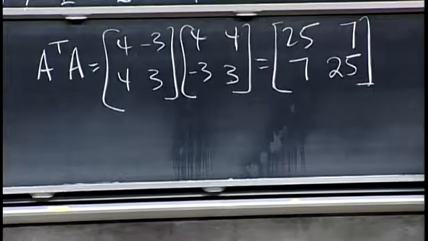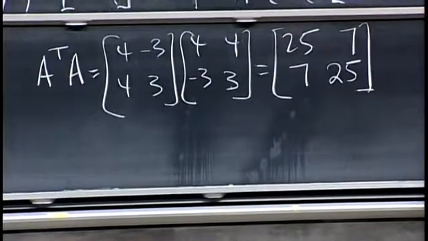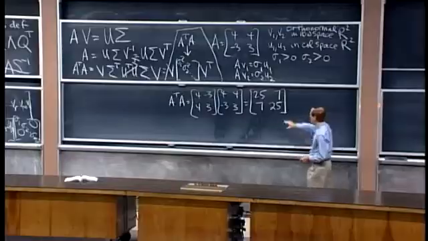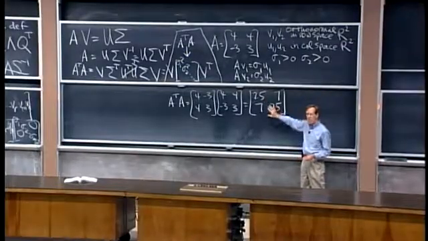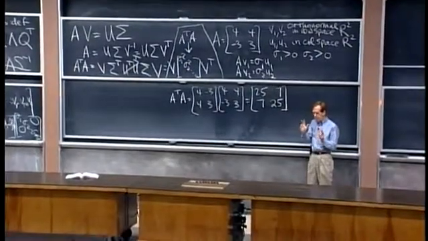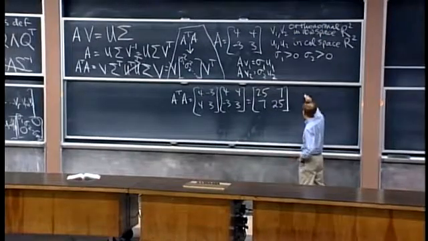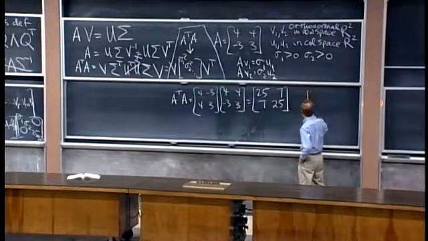So I want its eigenvectors and its eigenvalues. Its eigenvectors will be the V's. Its eigenvalues will be the squares of the sigmas. Okay. What are the eigenvalues and eigenvectors of this guy? Have you seen that 2-by-2 example enough to recognize that 1, 1 is an eigenvector?